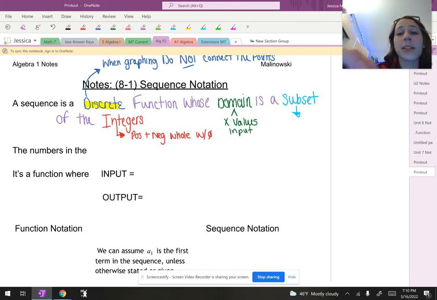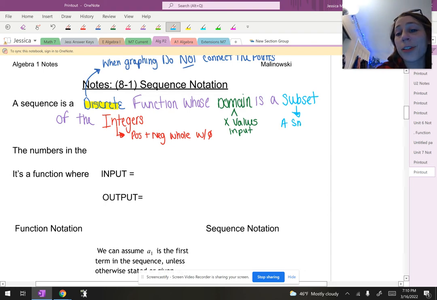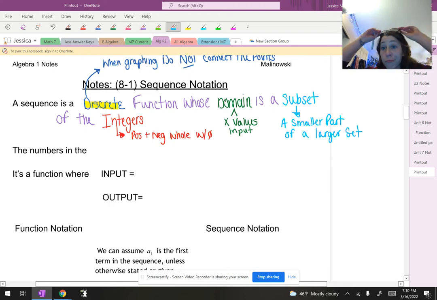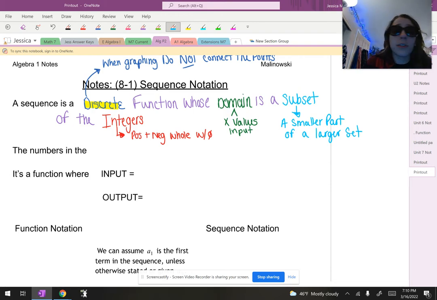So a subset is, let's switch colors, a smaller part of a larger set. Smaller part of a larger set.